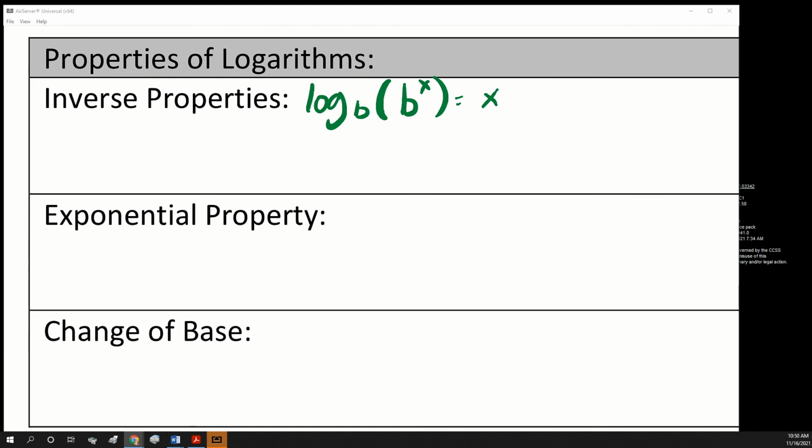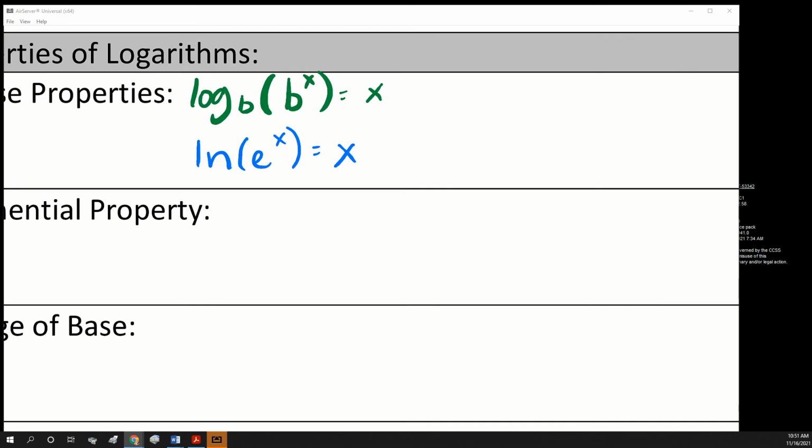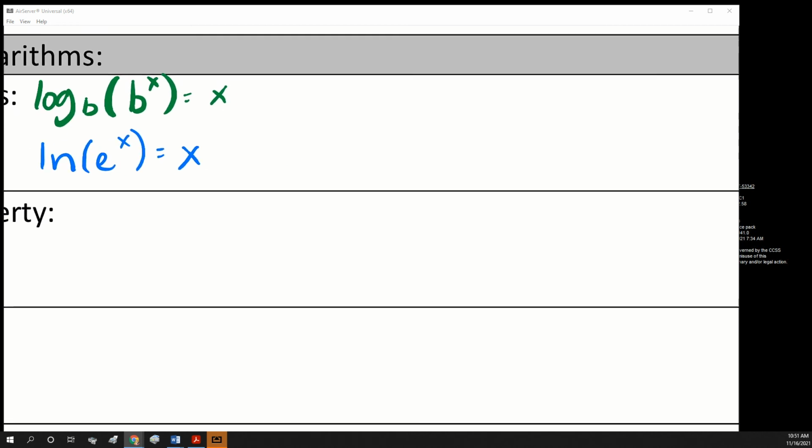Right? And then the same thing for natural log. So if we have the natural log of e to the x, so one thing I didn't say is these bases do have to match for it to work. And so the base for natural log and the base for e obviously match. So what do you think you would get? Just x. All right. And then it works the other way as well. So if we exponentiate, which is my new favorite word, exponentiate a logarithm, they would also undo each other.